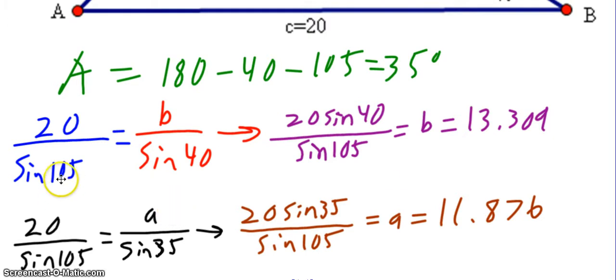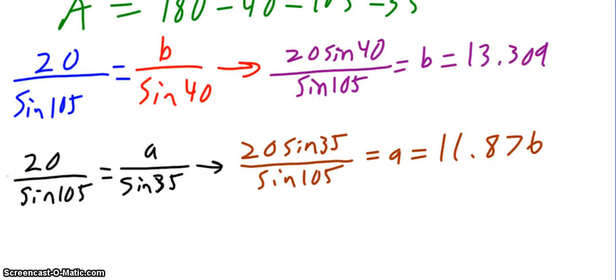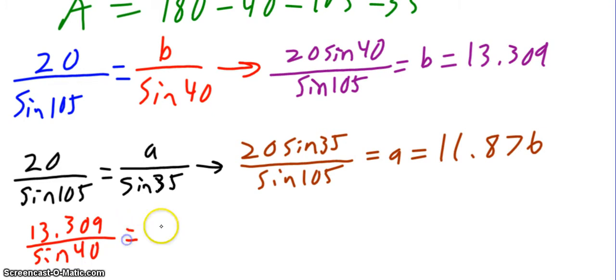Another thing I want to point out: anytime you are given values, you should probably use the given values over any values that you solved for. So for instance, what I mean is instead of doing 20 over sine 105 equals a over sine 35, I could have also done 13.309 over the sine of 40 equals a over the sine of 35.